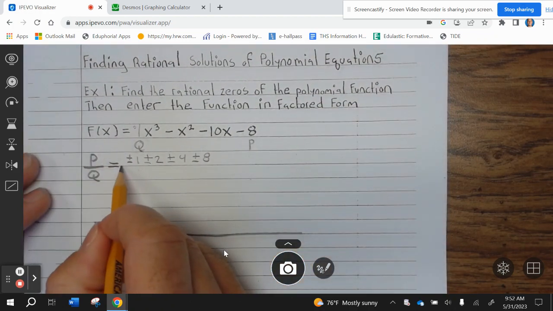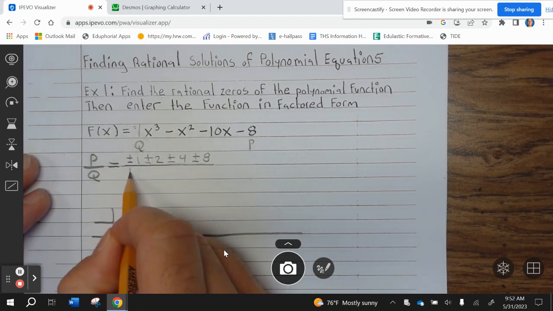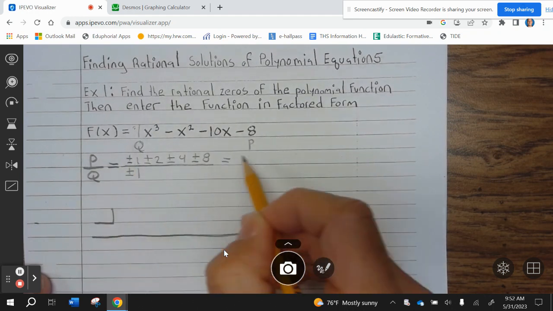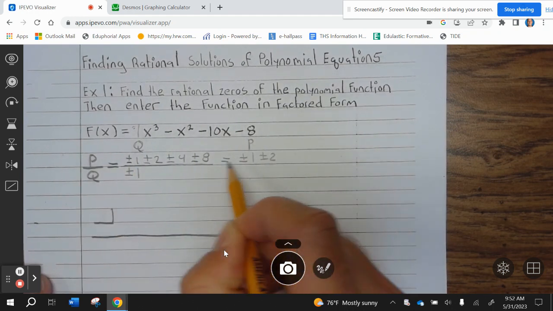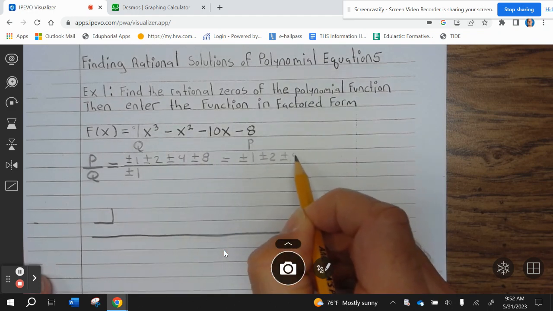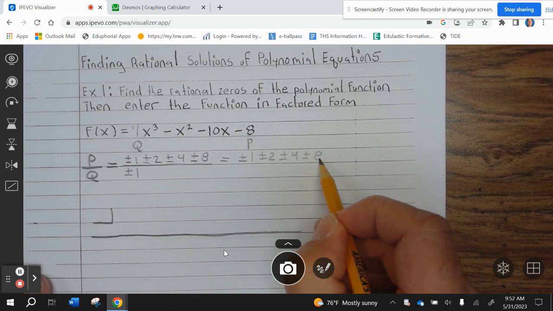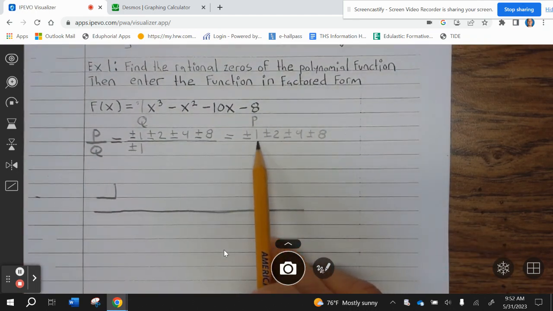And then we divide it by all the factors of q. Well, the only factor of q is plus or minus 1. Now we divide. Well, 1 divided by 1 is 1. 2 divided by 1 is 2. 4 divided by 1 is 4. And 8 divided by 1 is 8. So one of these factors will be a 0.